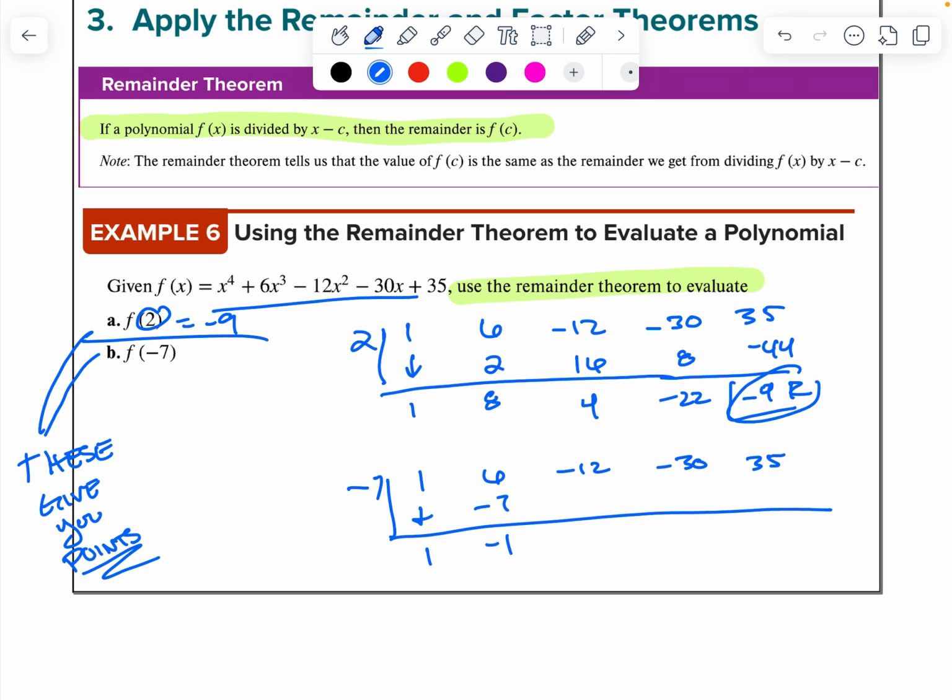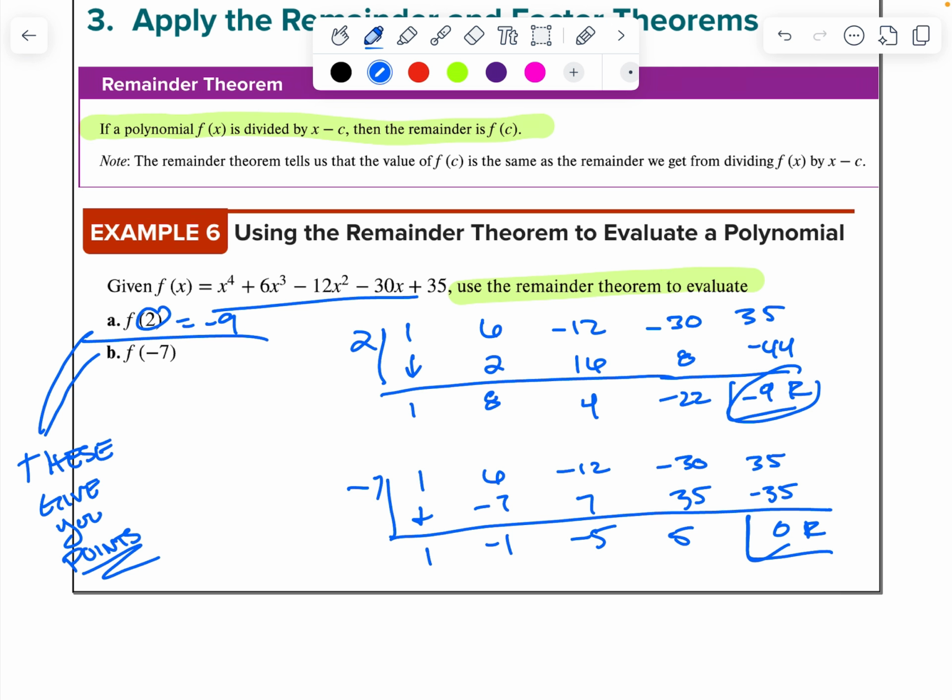Multiply, add, multiply, add, multiply, add, multiply, add. And so we get 0 as the remainder.